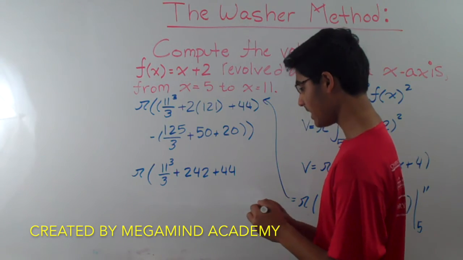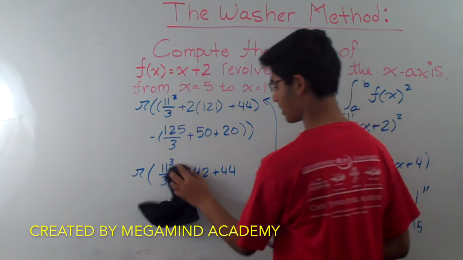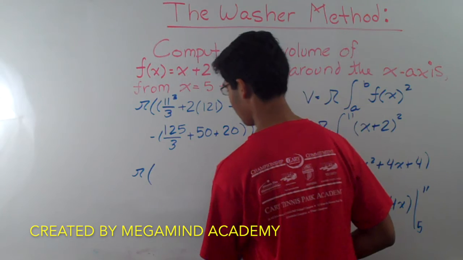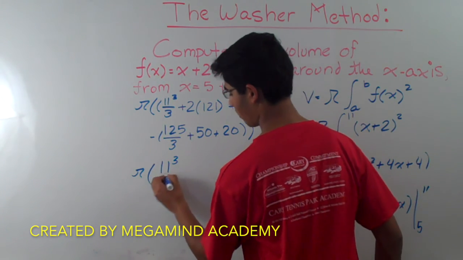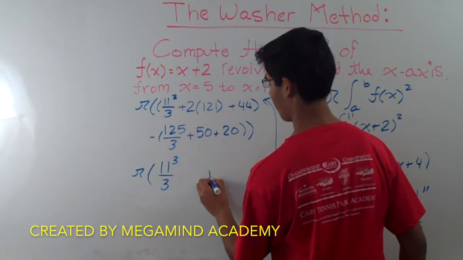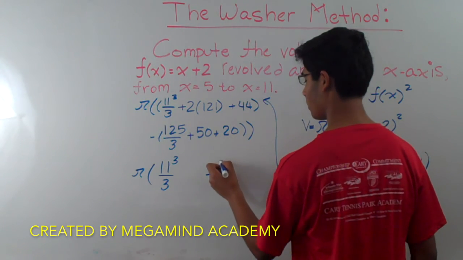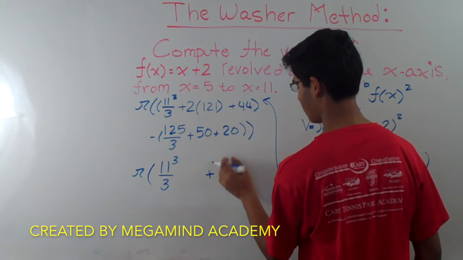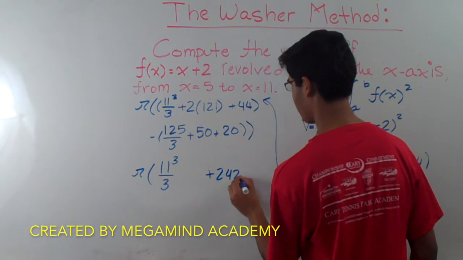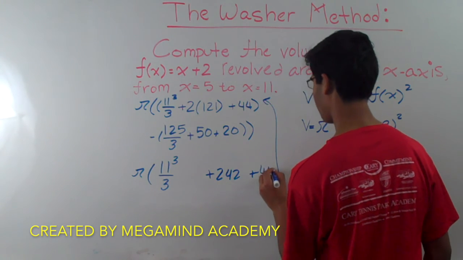Minus 70, and let's rewrite this with more space between them. So we get 11 cubed over 3 plus 242 plus 44.